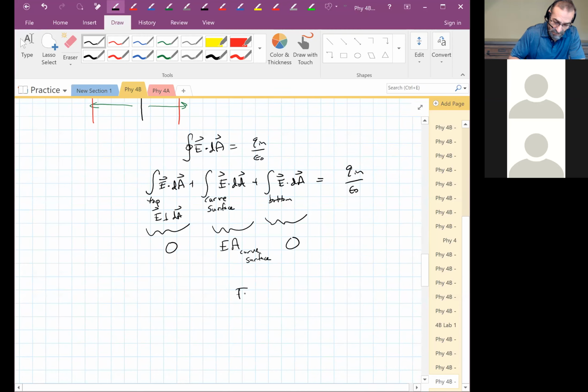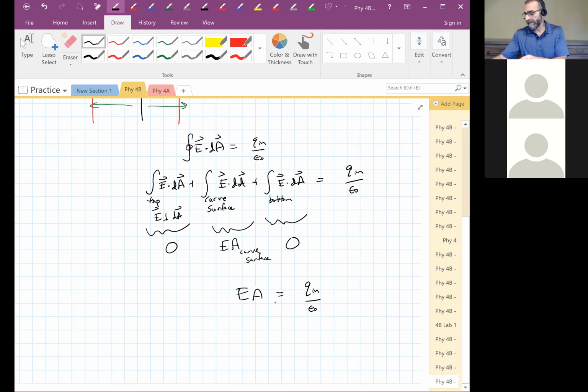So I have E times A is equal to Q in over epsilon naught. And it's just the curved surface, right? So what's the area of that curved surface of a cylinder? It's this distance, 2 pi r, times the height, right?